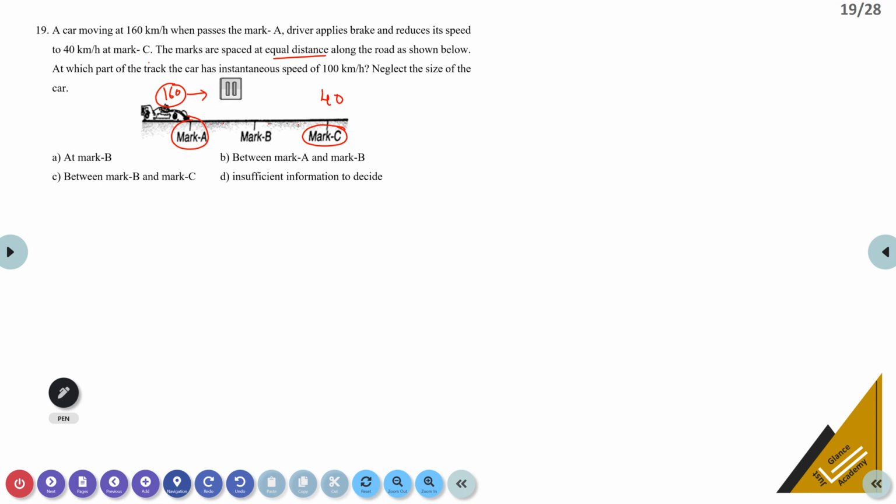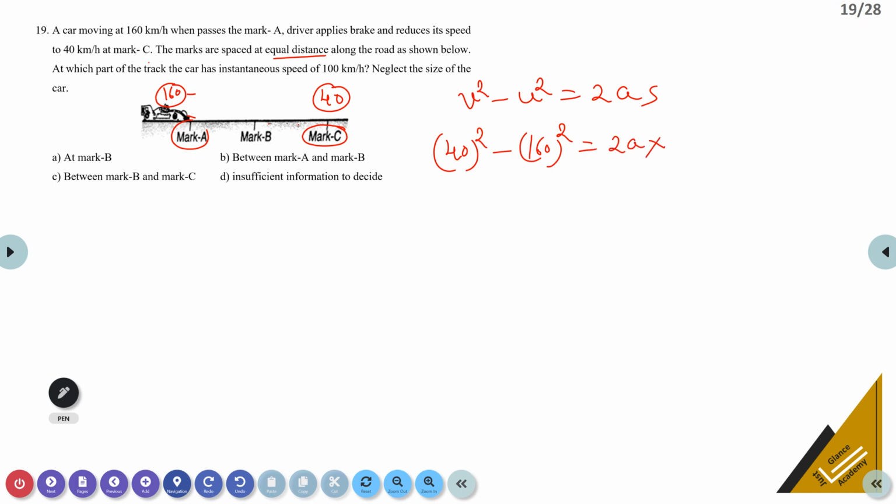Okay, fine. Here, first, two equations you will get, that is v square minus u square equal to 2as. First case: 40 square minus initial 160 square equal to 2a into AC distance.